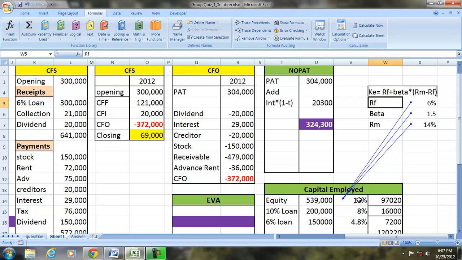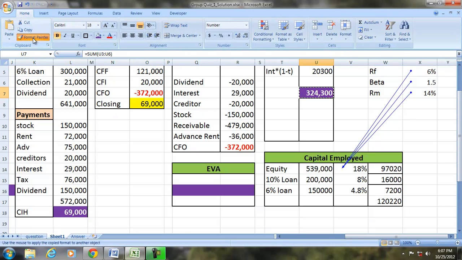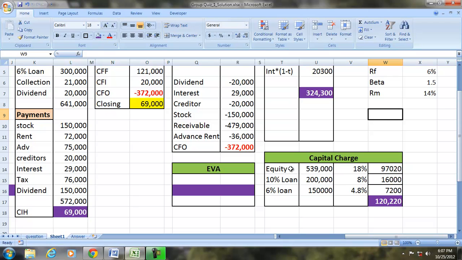Using that, we got the cost of equity as 18%. The cost of debt is the coupon rate of interest into 1 minus T, so 8%, and the cost of the 6% loan is the coupon rate of interest into 1 minus T, which is 4.8%. The summation of all these three sources will give us the capital charge. So the capital charge is the cost of equity plus the cost of interest-bearing liabilities.